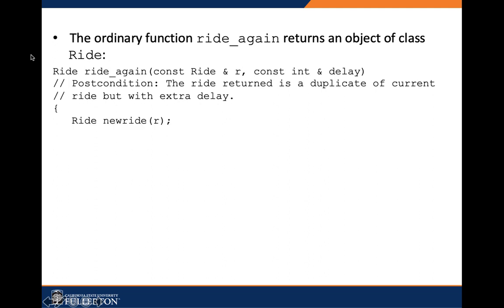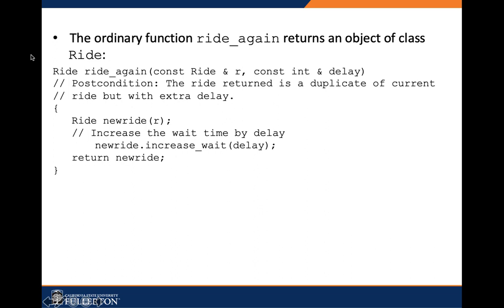So we declare an object new write, which uses a copy constructor to copy all the data members from the object R, which is a formal parameter, and we increase the wait time by the delay for the new object, which is new write, and then we return the object which is new write.